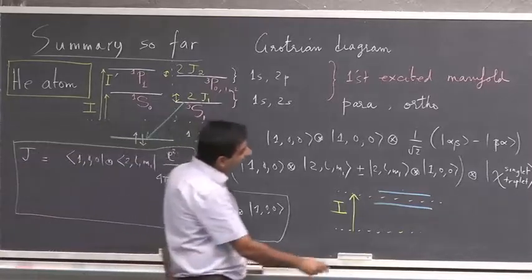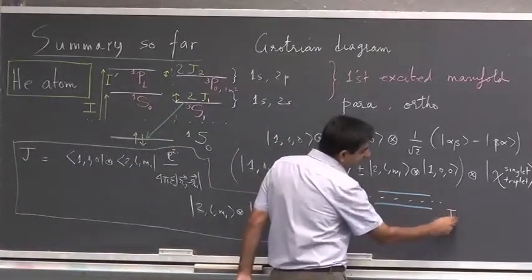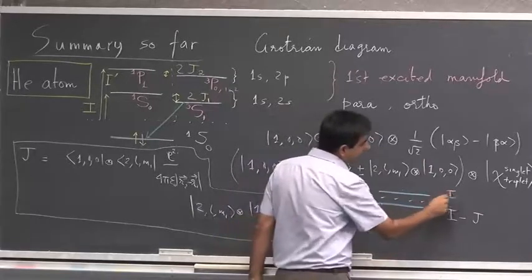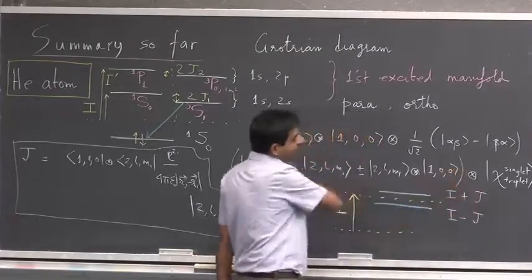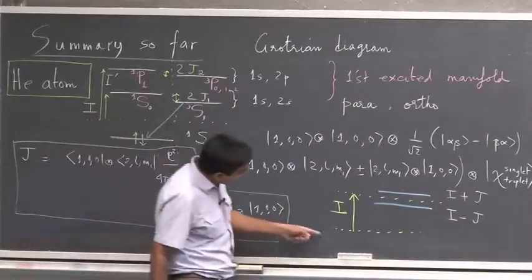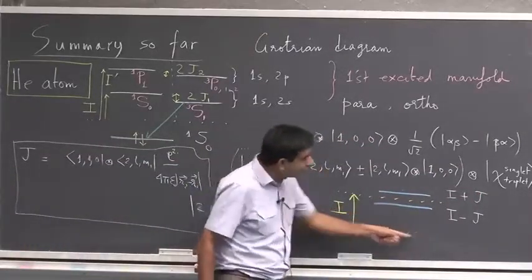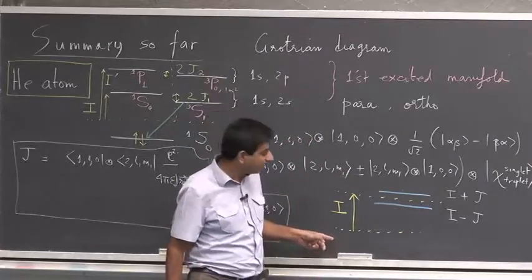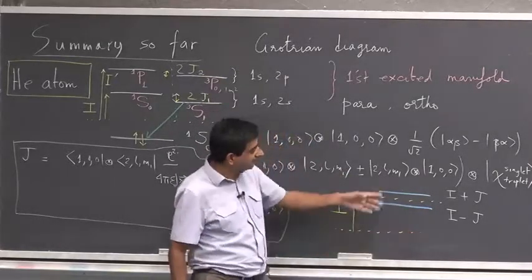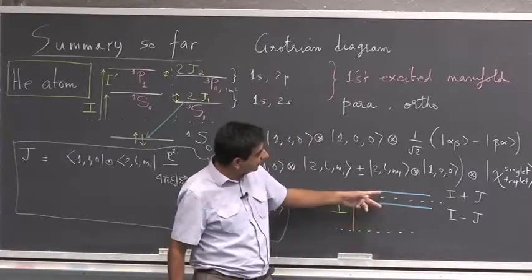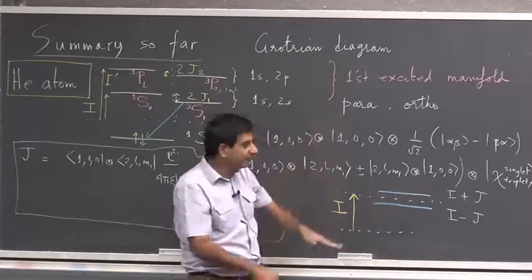Anyway, we've seen that this particular state has an energy I minus J. This particular state has an energy I plus J, where J is given by this exchange integral. This is something we've calculated. And by the way, this is the zeroth order energy of the first excited state. This is not minus electron volt, 6 electron volt. We've calculated this energy, and it's given by the Rydberg constants, and these are the splittings, the exchange splitting.